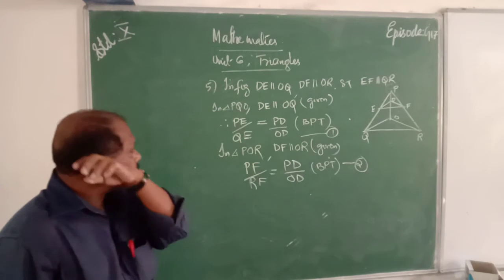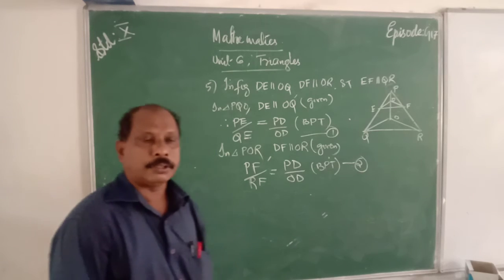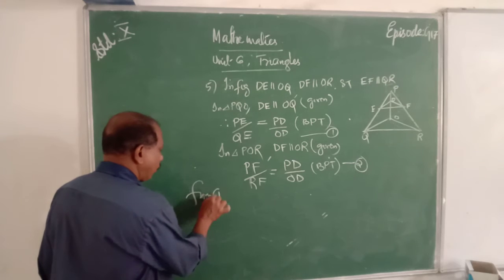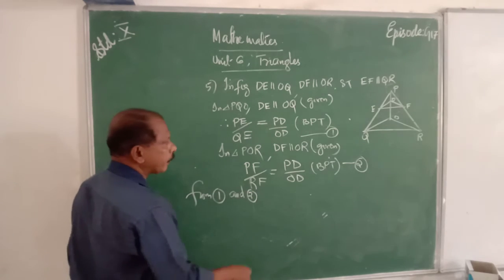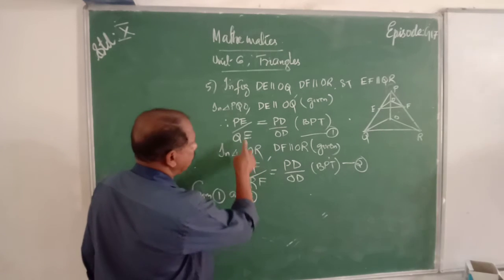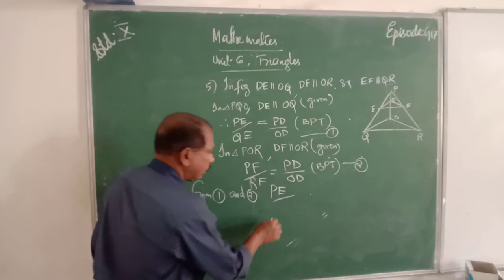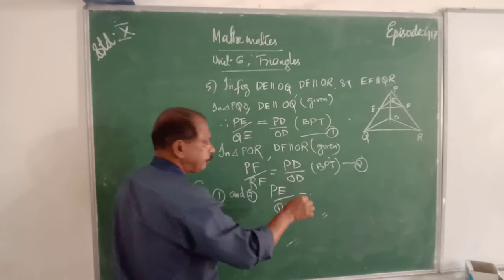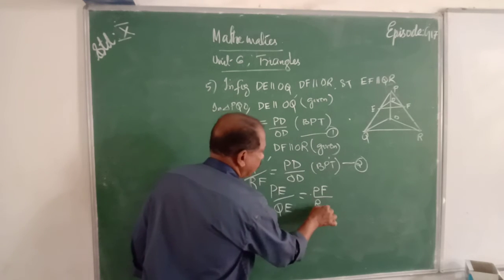Then first theorem, right side PD by OD, second theorem, right side PD by OD. Therefore, they are equal. Therefore, from 1 and 2, PE by QE is equal to PF by RF.